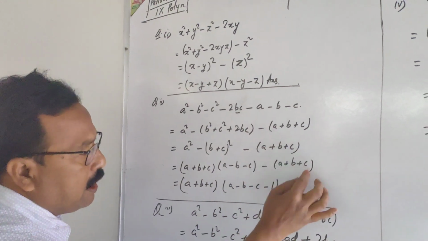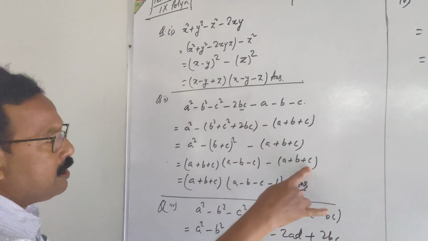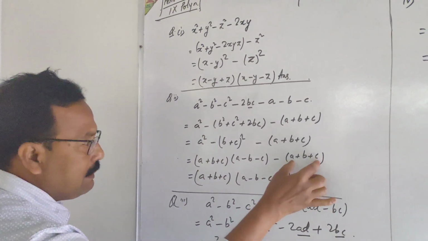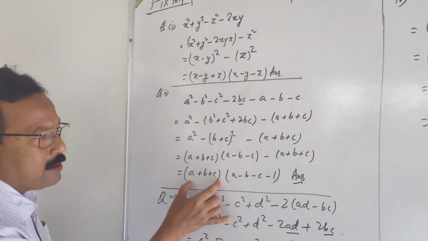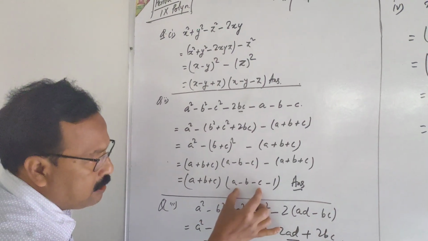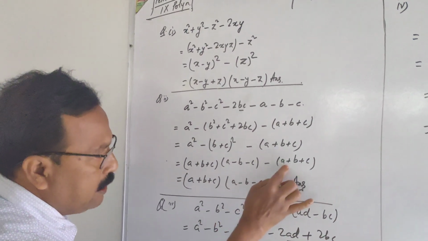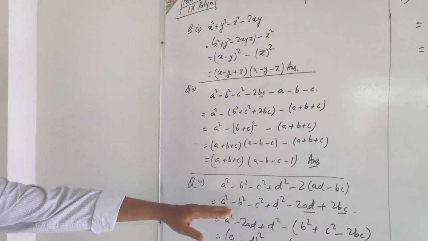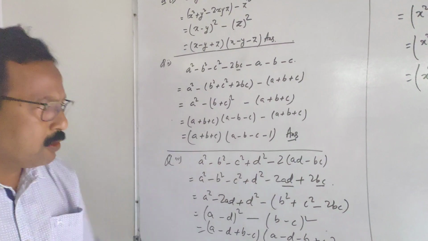Now a plus b plus c is here and a plus b plus c is here also, and taking these two as common factors, we'll get a minus b minus c here, and minus 1. Clear?